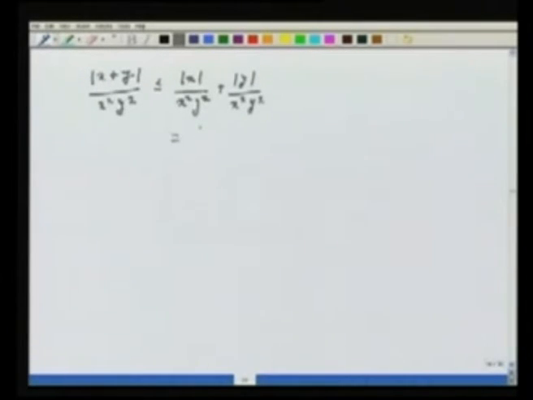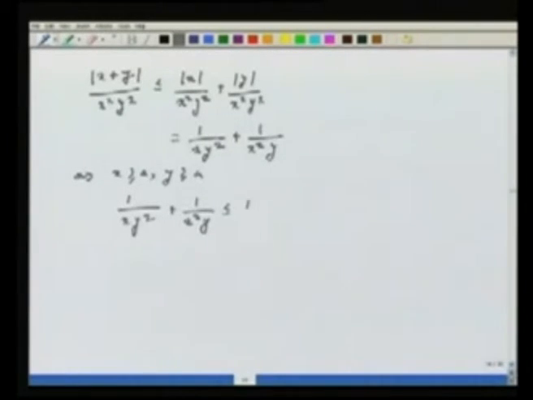Then this is 1 by x y square plus 1 by x square y, but as x is bigger than or equal to a and y is bigger than or equal to a, what I have is 1 by x y square plus 1 by x square y is less than or equal to 1 by a cube plus 1 by a cube, which is equal to 2 by a cube, which I can take to be my m.